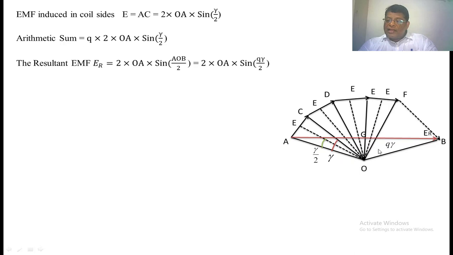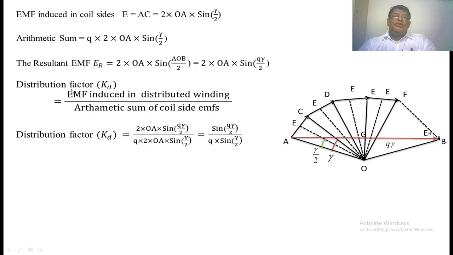This total angle is q gamma, so this angle becomes q gamma by 2. From triangle OAG, AG equals OA into sin of angle AOB by 2, so we get OA into sin q gamma by 2. We multiply by 2 because we want the total length, which is equal to the resultant EMF.